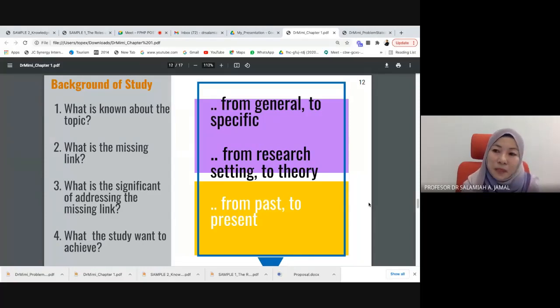Make sure that the background of your study is not too long and not too short. Sometimes when we read students' background of study, it reads like a literature review, with everything in there.